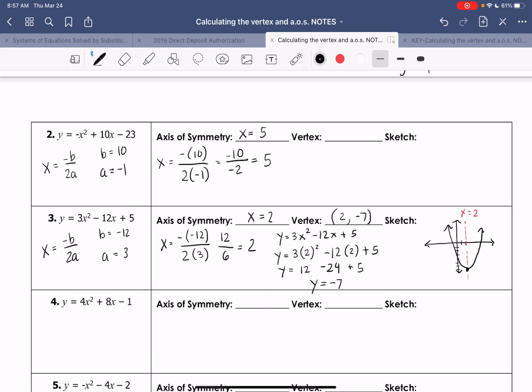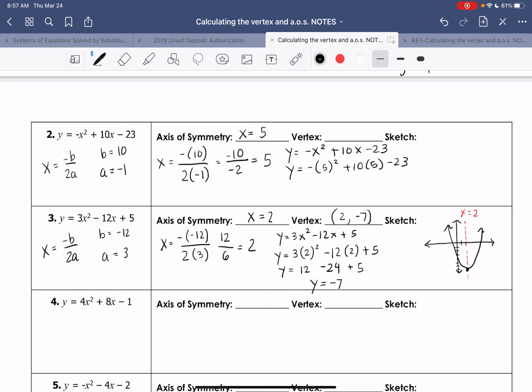And for our vertex, we're going to use our original equation again. y is equal to negative x squared plus 10x minus 23. So when we substitute in our 5, we're going to say y is equal to negative, and then 5 in parentheses squared, plus 10 times 5 minus 23.